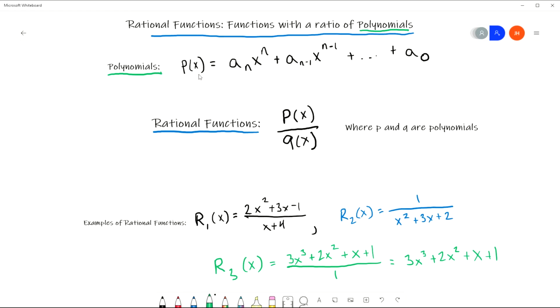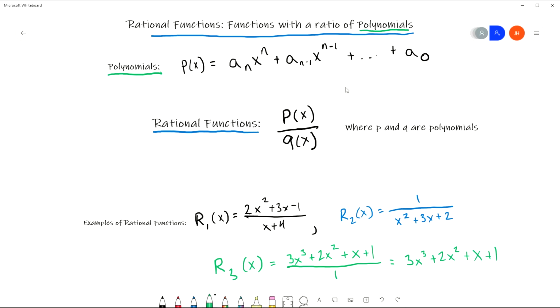If you guys remember, polynomials are functions of the form p of x equals a sub n x to the n plus a sub n minus 1 x to the n minus 1 plus, and it goes like that until you get to the constant a sub 0. Essentially, remember, this is just the idea that a polynomial is any sort of function with just a series of x's of different powers adding each other.